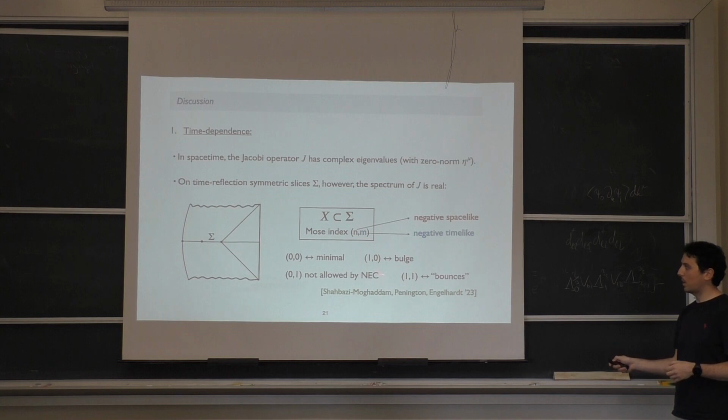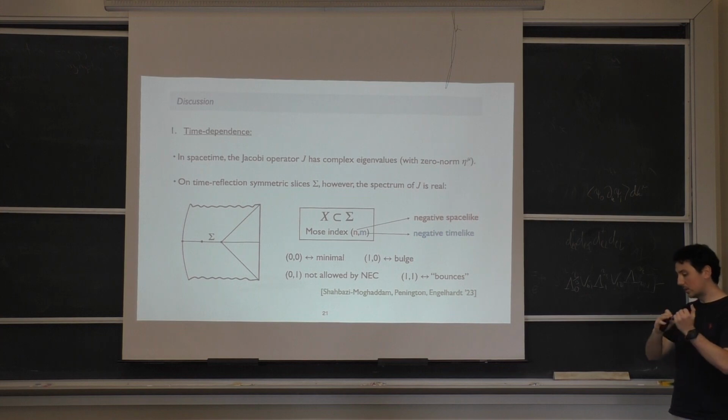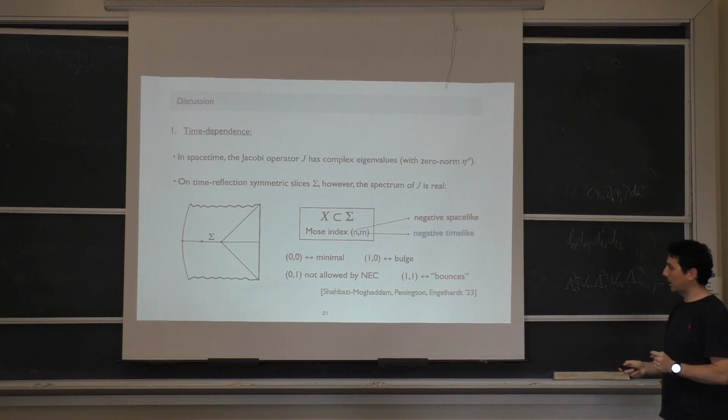This is what we expect for all of the examples that I've been talking about that we analyzed in the paper. Then (0,1) surfaces are not allowed by the null energy condition. You can show that pretty easily. And (1,1) surfaces are surfaces which have one negative mode in the spatial direction and one negative mode in the time direction.